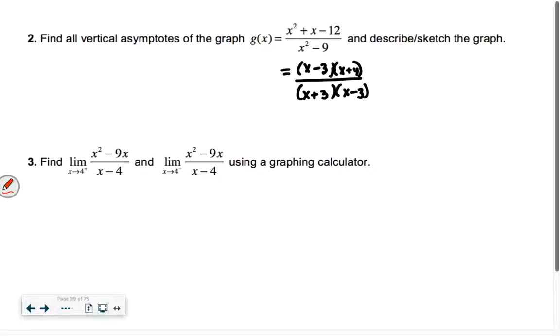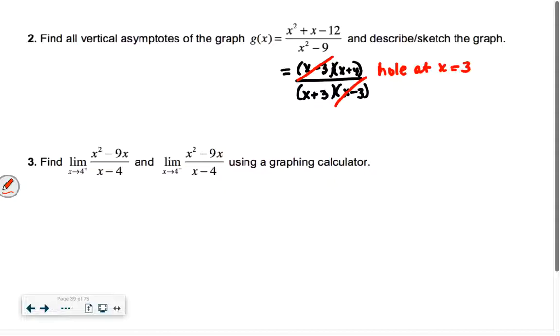So what happens is the x minus 3's go away. So who remembers what that means? Yeah, there's a hole. So we're going to have a hole at x equals 3. Okay. That's called a removable discontinuity. We'll be talking about that throughout this chapter.